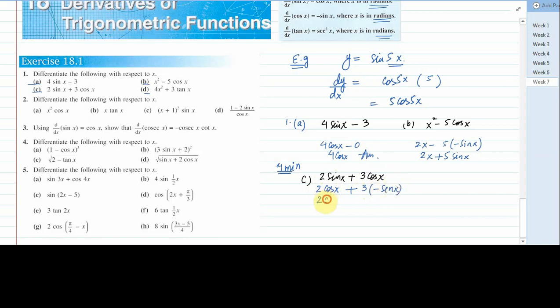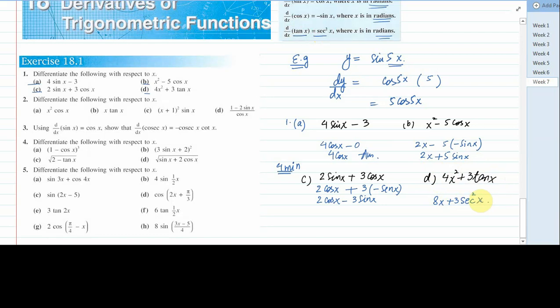So now it will be 2 cos x minus 3 sin x, and for the last part D, it's 4x square plus 3 tan 10x. The derivative of 4x square is 8x plus 3. The derivative of tan 10x equals 10 sec square 10x, and that is your answer.